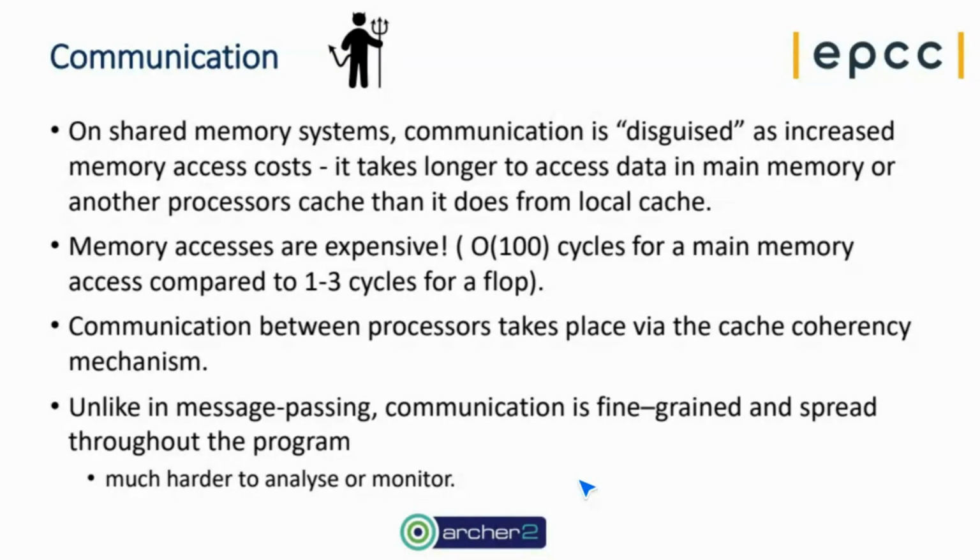The caching mechanism is, in almost all cases, too complicated to try and simulate in your mind, if you like. So that means that the communication overheads are much harder to analyze or monitor successfully in shared memory programs.